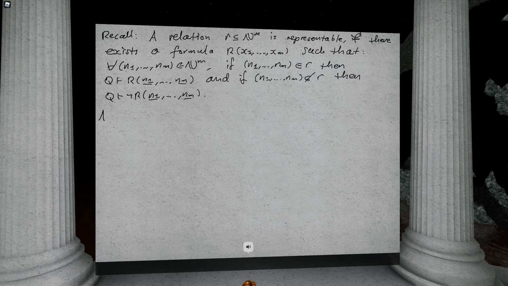Sorry, just before you do that. This looks more like the first definition we had for representability of a function. We said something like this, and then we strengthened it to a different version of representability.